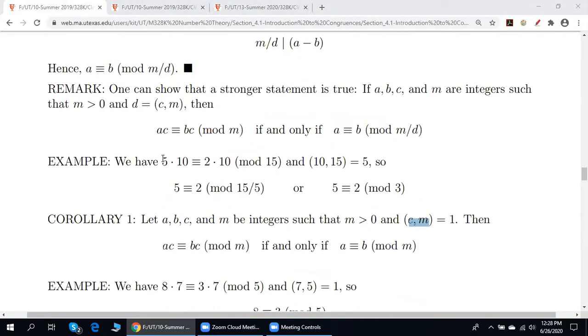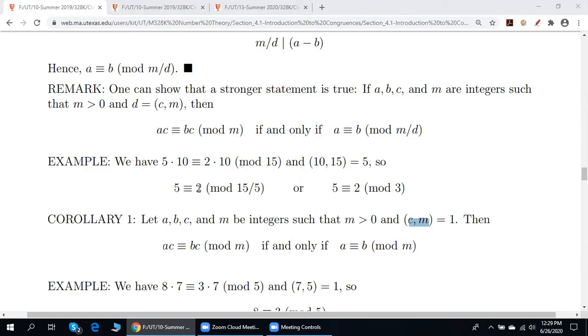Here's an example. 5 times 10 is congruent to 2 times 10 modulo 15. By the way, note that we cannot just cancel out 10. 5 is not congruent to 2 modulo 15.